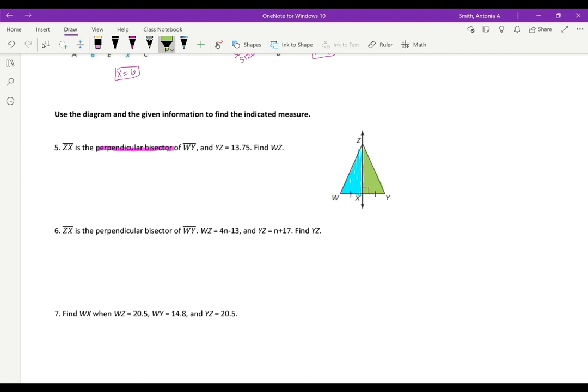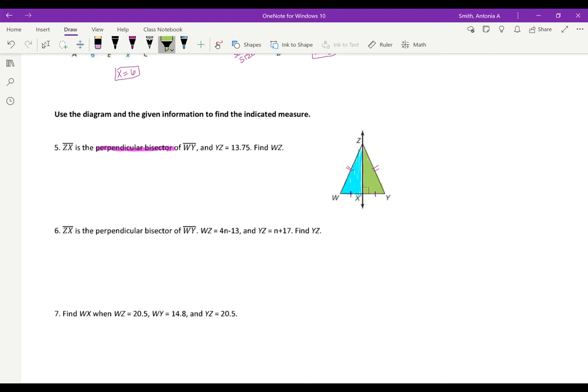These two triangles are the exact same. So when a perpendicular bisector cuts a triangle, it cuts it into 2 equal triangles. So what that means is that this side right here and this side right here will also be the same, because it's a perpendicular bisector cutting into a triangle.